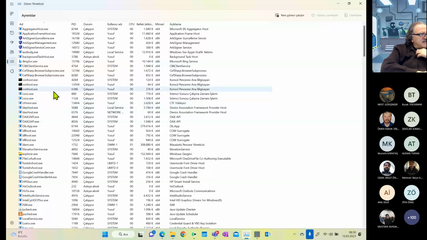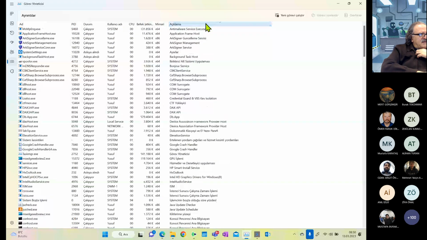These are better. These are my process IDs, right? And this is the state of the process. This is how much memory I am using, and this is whether it's a 64-bit application or something else. Let me sort it.